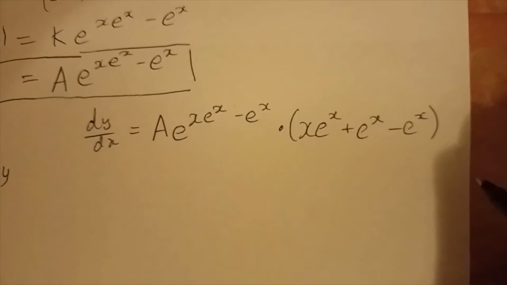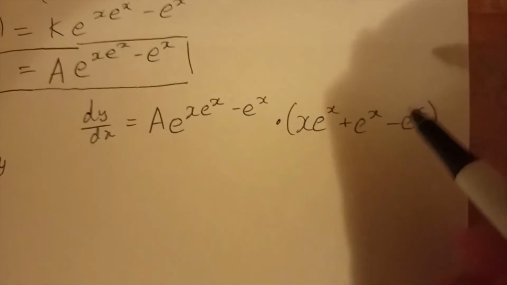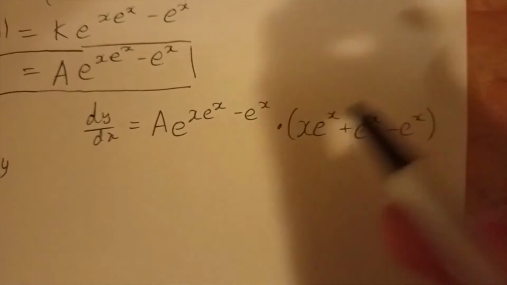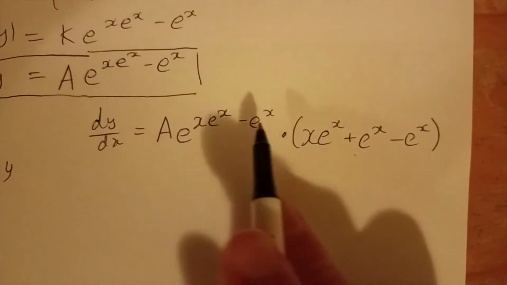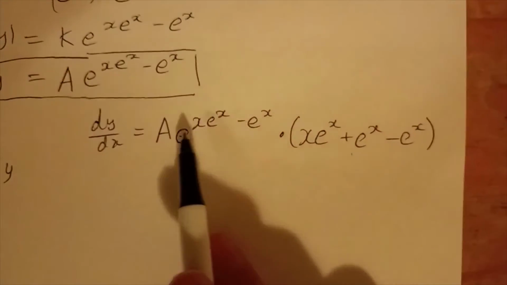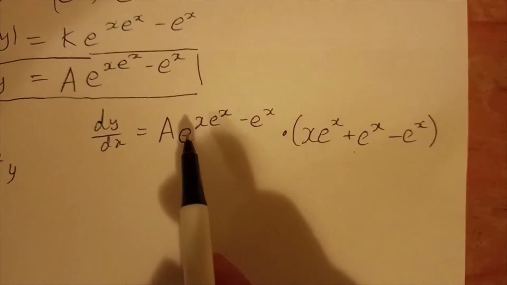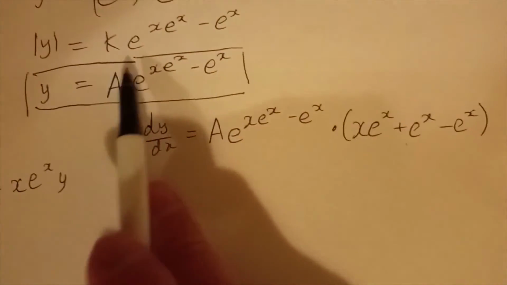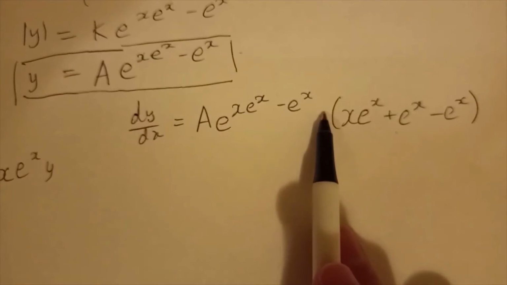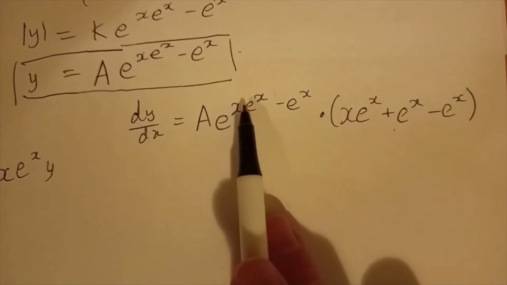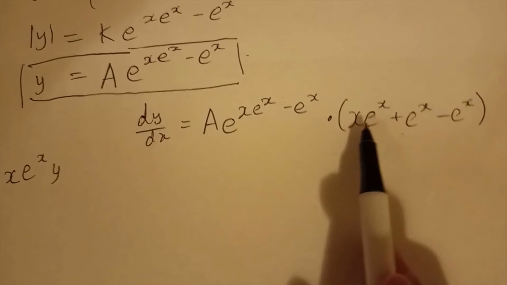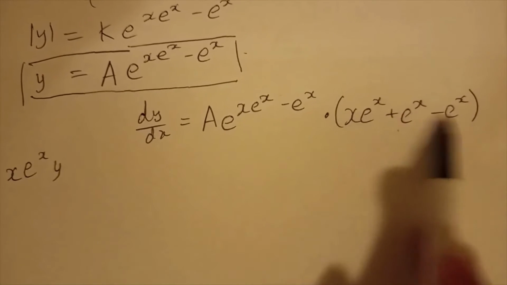So the derivative of this original function is just itself times the derivative of the exponent here, which is this function here.